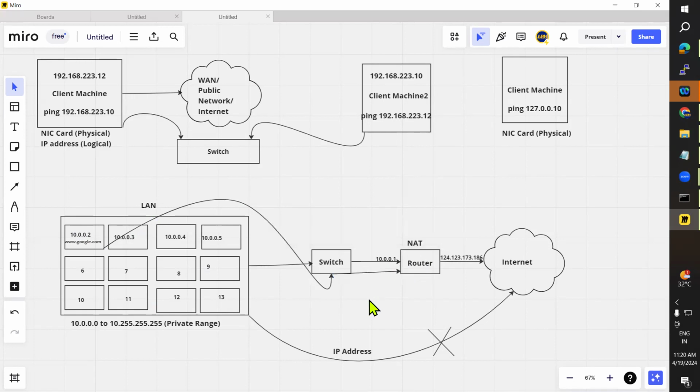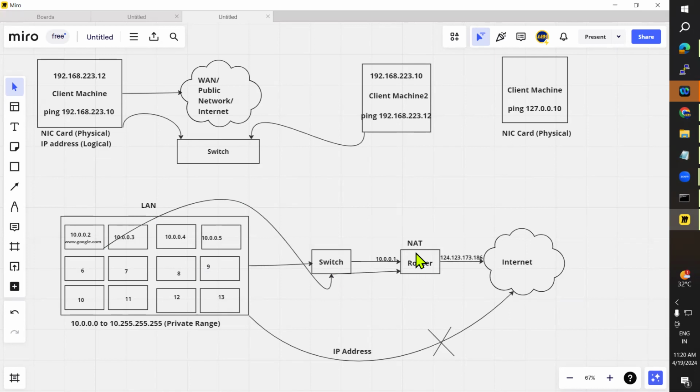The router got the request for www.google.com from IP address 10.0.0.2. But this IP address doesn't route in the public network because it is a private IP address.